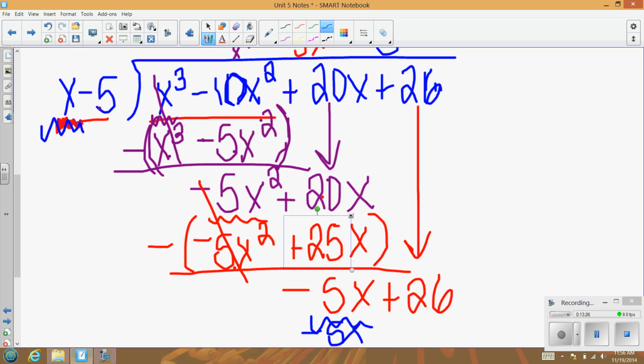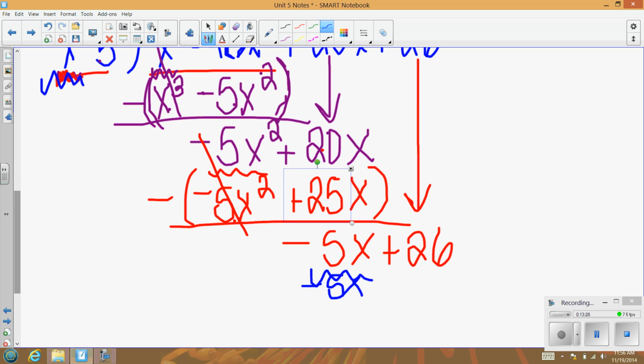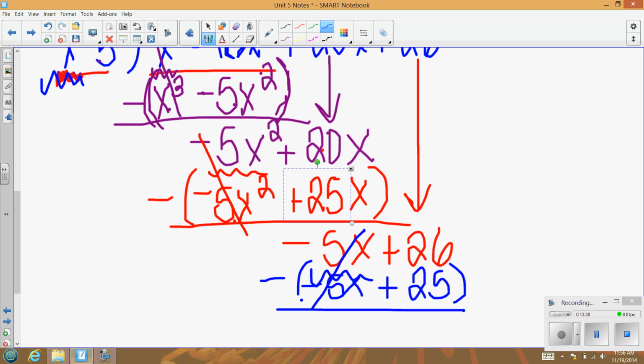Negative 5 times negative 5 is going to be plus 25. And again, you're really subtracting off this entire thing. So these first terms always should cancel. That's how you know you found the correct number. And then 26 minus 25 is going to be 1. So that means I have a remainder of 1 because I don't have any other terms to carry down.